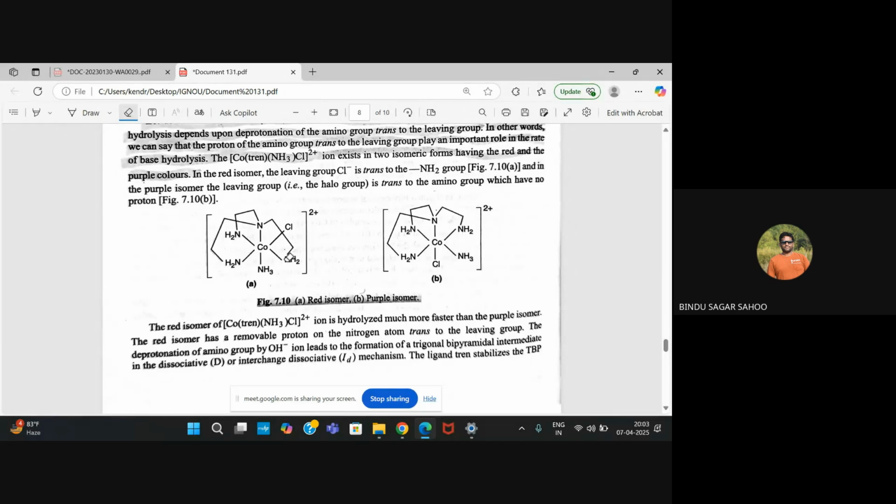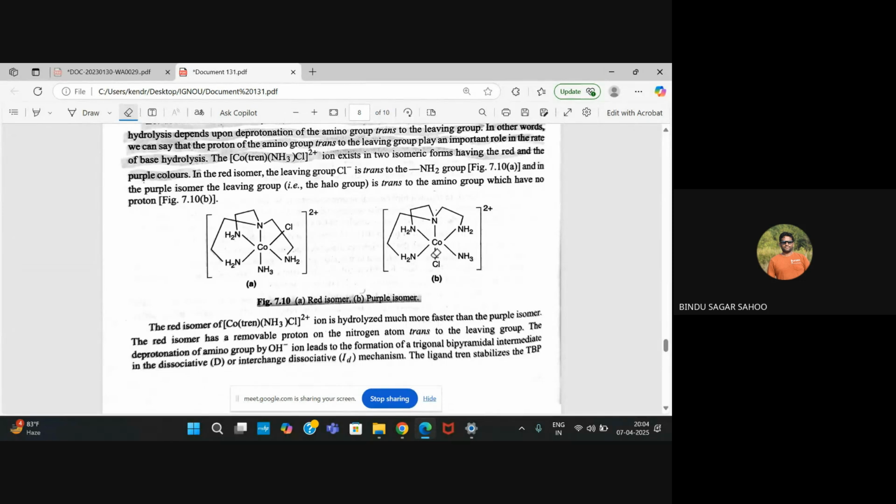The red isomer will show a better rate of base hydrolysis compared to the purple isomer, because in the red isomer, opposite the chlorine there will be an NH2. On the NH2 the abstraction of proton can easily occur, because hydrogen is also present along with nitrogen. So here we can easily abstract the protons.